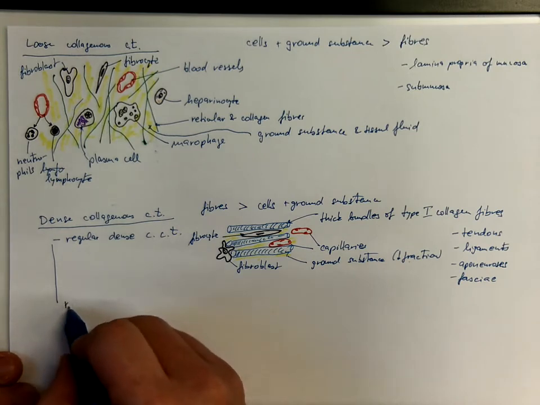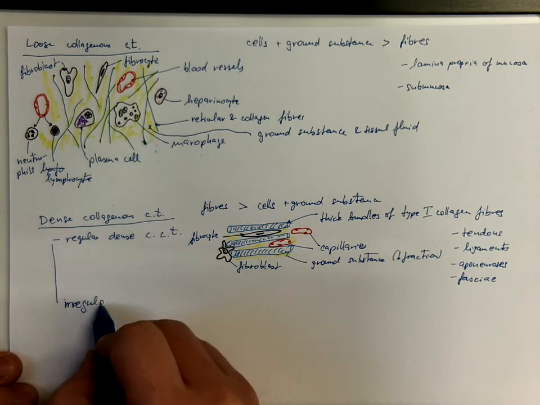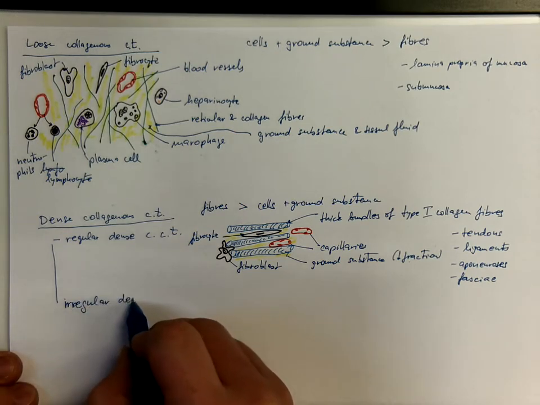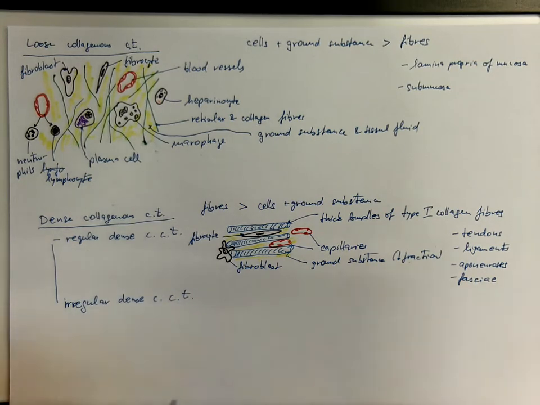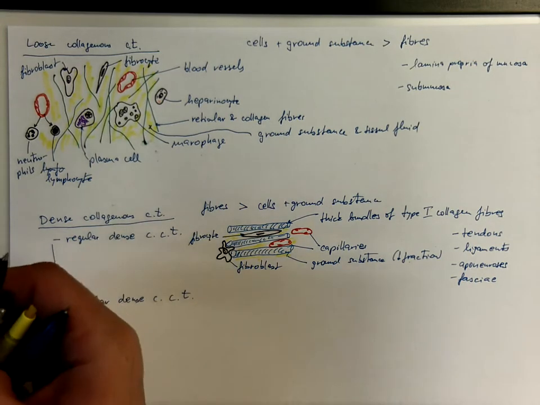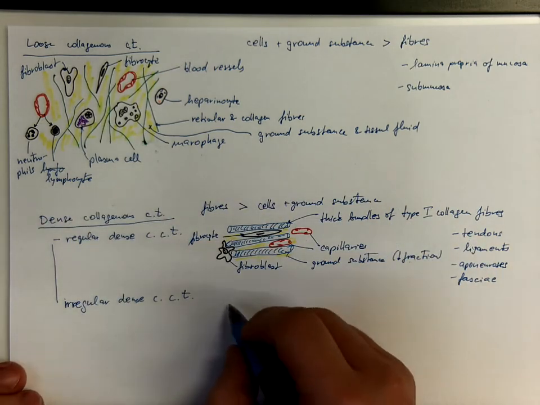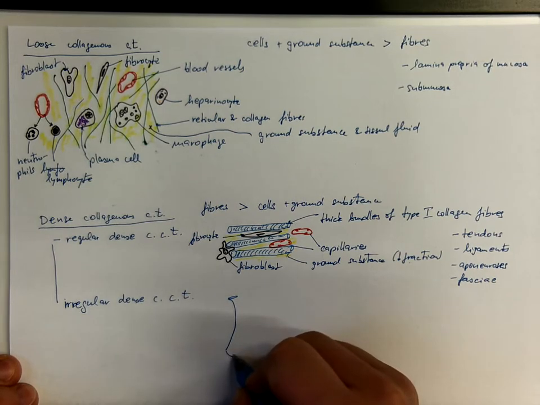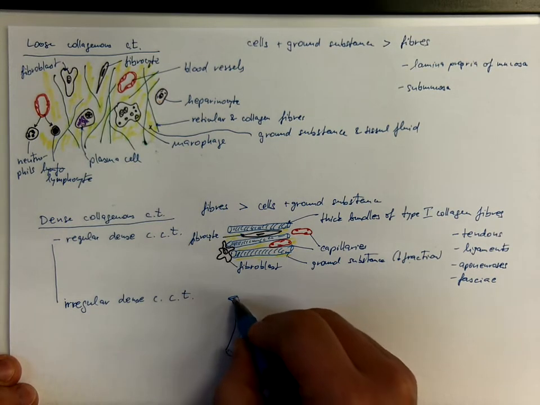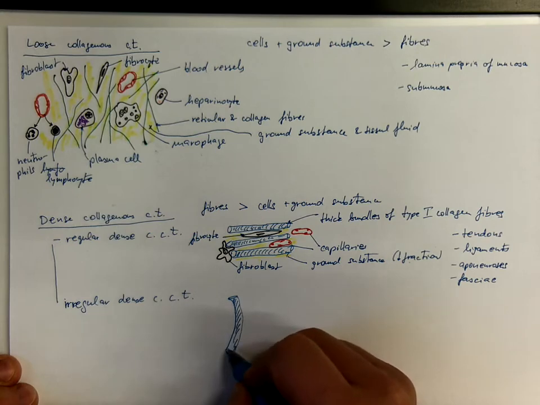What if there are more than a single prevailing direction? Then we call that type irregular dense collagenous connective tissue. And the composition is pretty similar, but there are diverse directions of these collagen fibers and bundles of collagen.